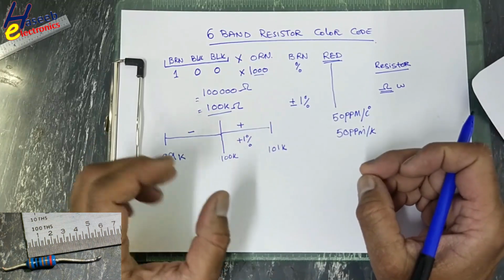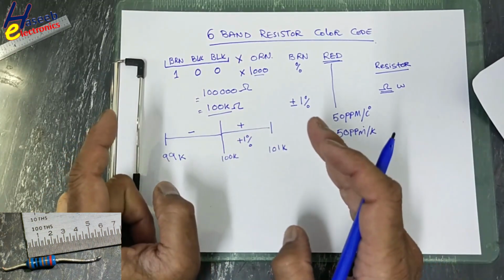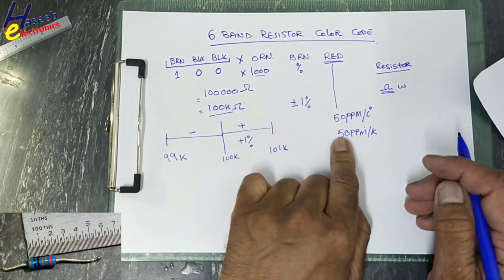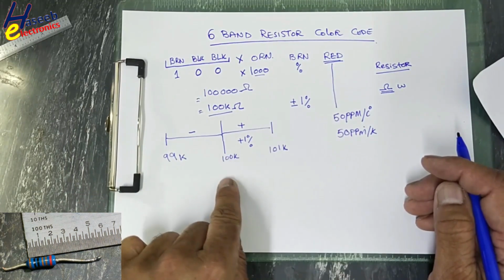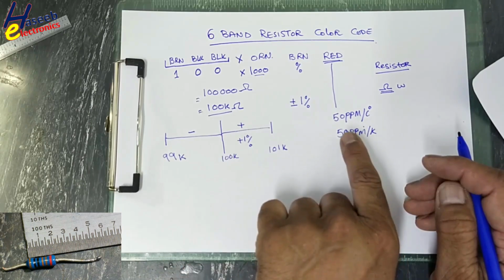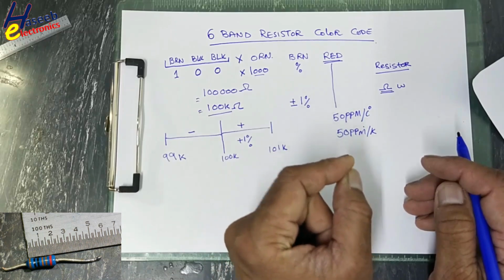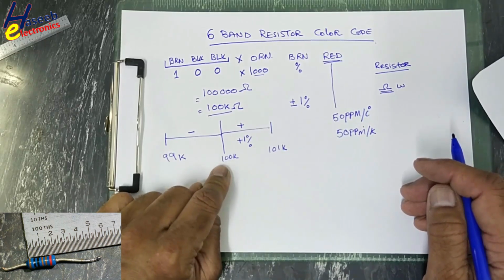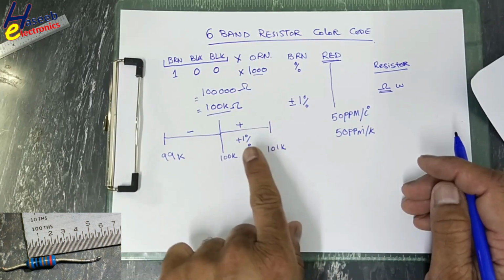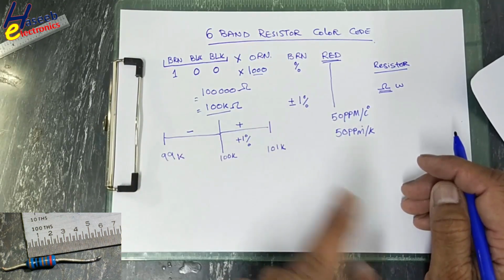We know any electronic component, any electronic device will change its specifications with change in temperature. This band indicates how much a resistor will deviate from its normal value by change in temperature. At 25 degrees Celsius, if this resistor is 100 kilo ohm, after 1 degree increase or decrease, what will the resistor deviation be, either plus or minus?